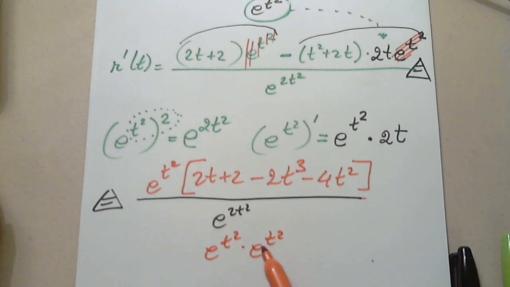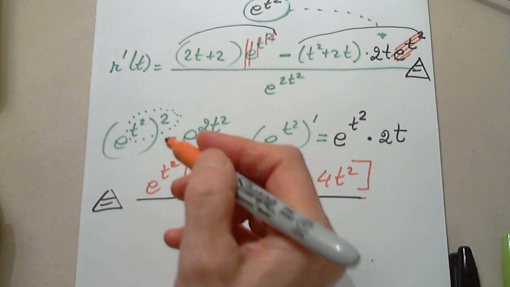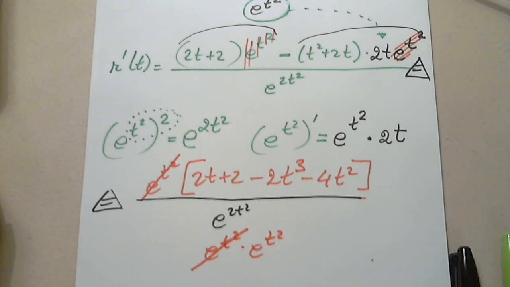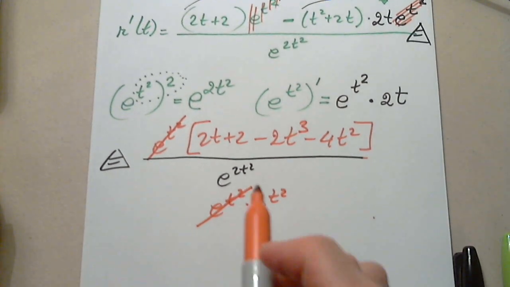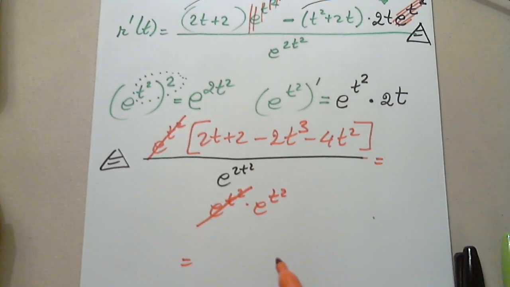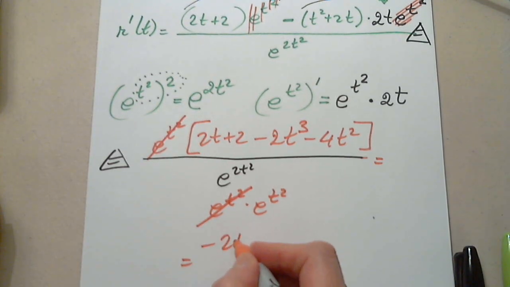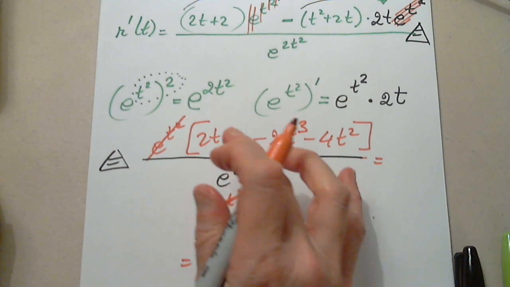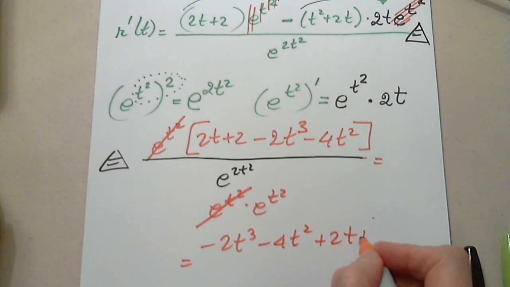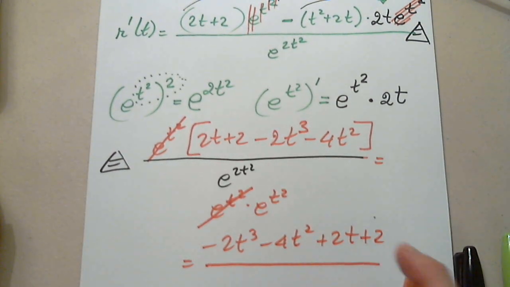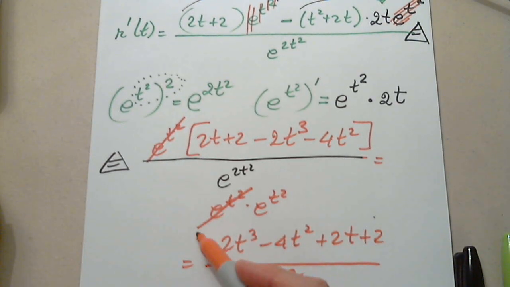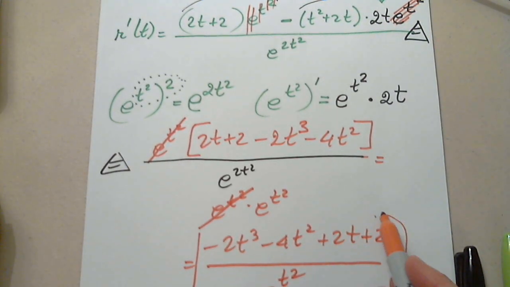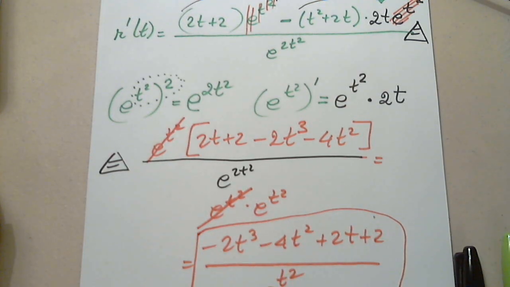Copy the base, add the exponents. So I can simplify one of those. Put the numerator in the correct descending order, negative 2t cubed minus 4t squared plus 2t plus 2 over only one of those, e to t squared. And this is it.